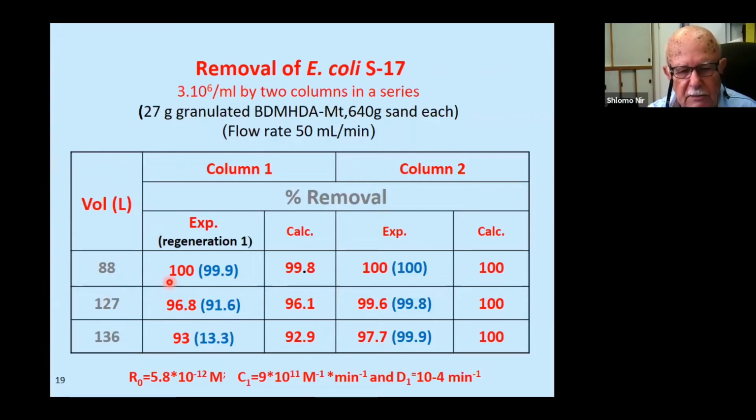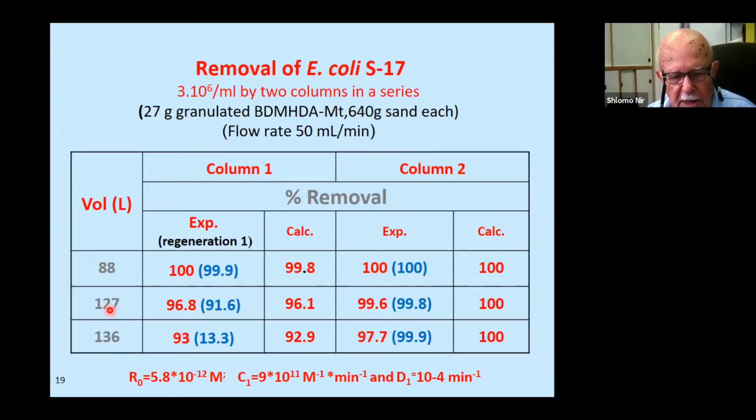We see here the experimental values, 100% removal, and in blue, in parentheses, 99.9 after the first regeneration. And the calculated values agreed with the experimental, and of course the second filter in series always gives better results because it accepts water from the first filter.